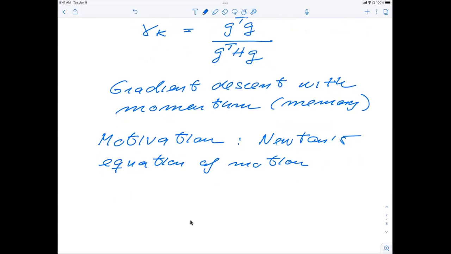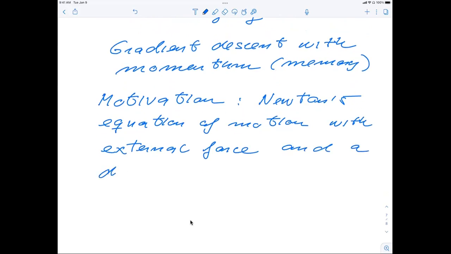So Newton's equation of motion with external force and a so-called drag or friction term. And this drag and friction term, they are velocity dependent.